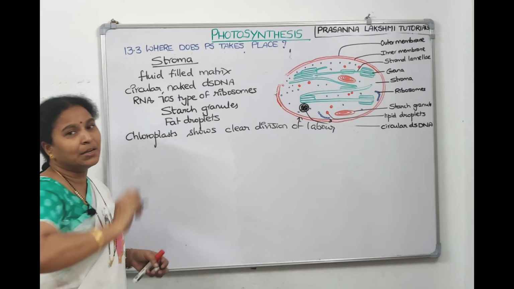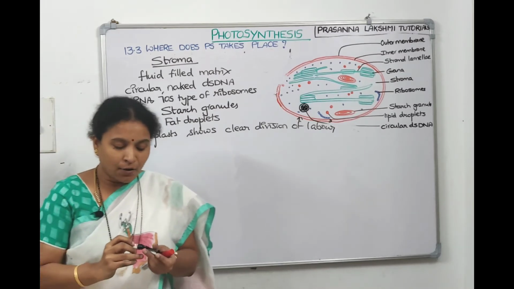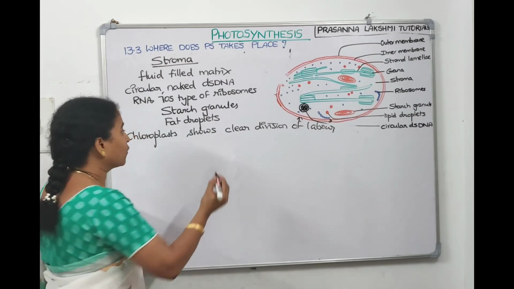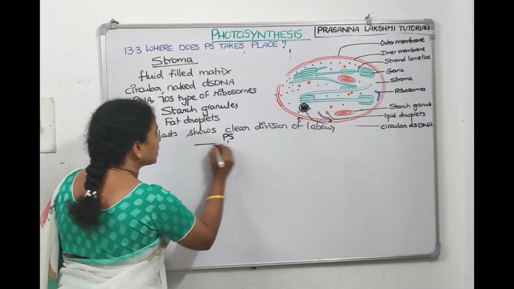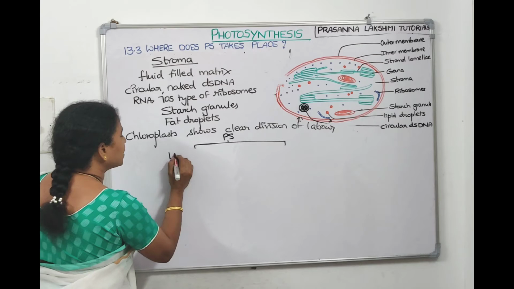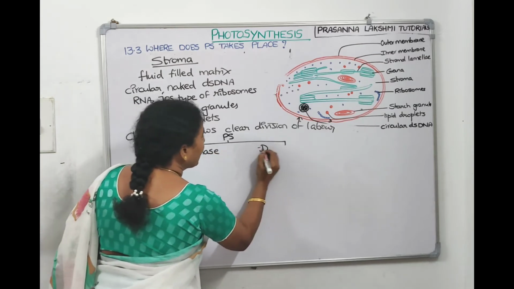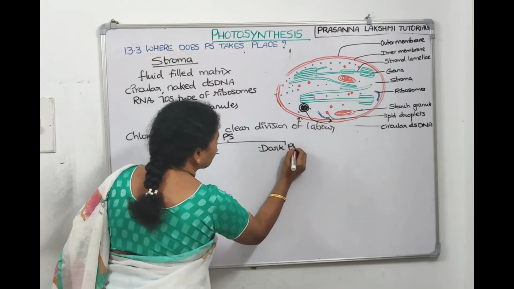We know that photosynthesis is biphasic, so photosynthesis has two phases. The first phase is called the light phase. The second phase is called the dark phase.